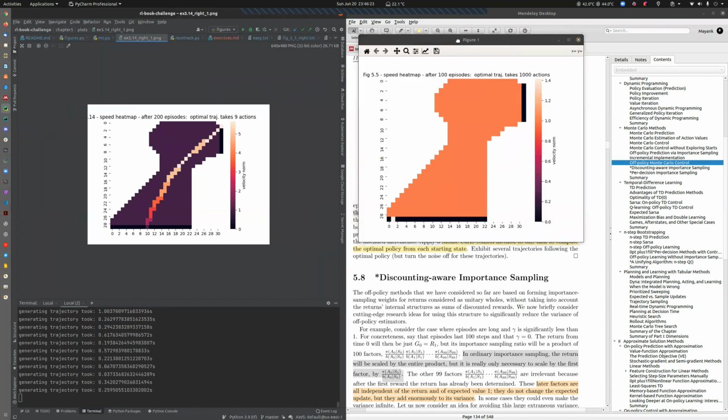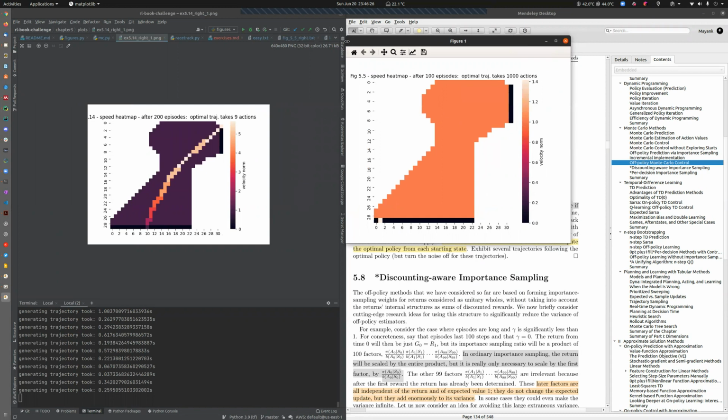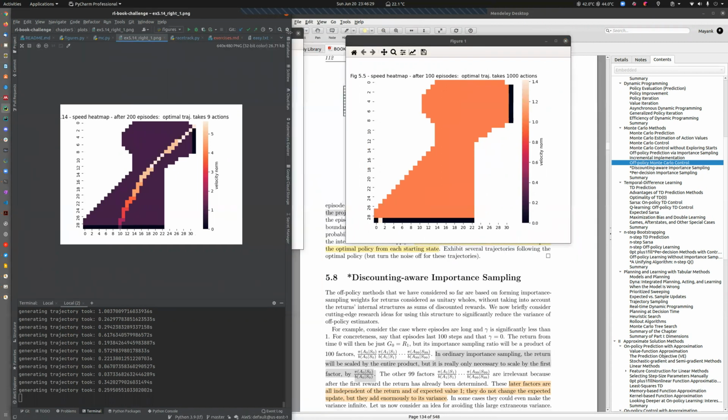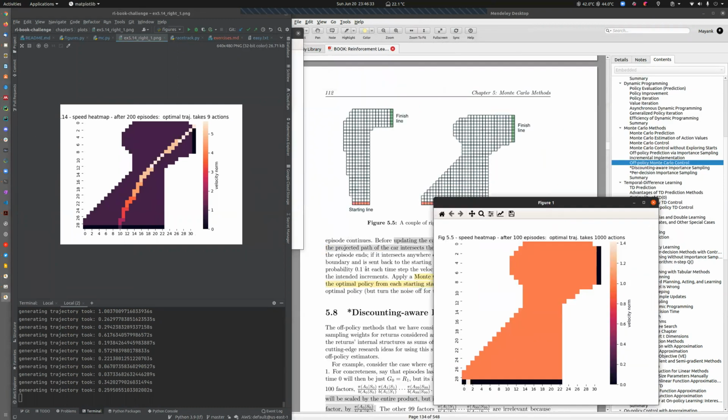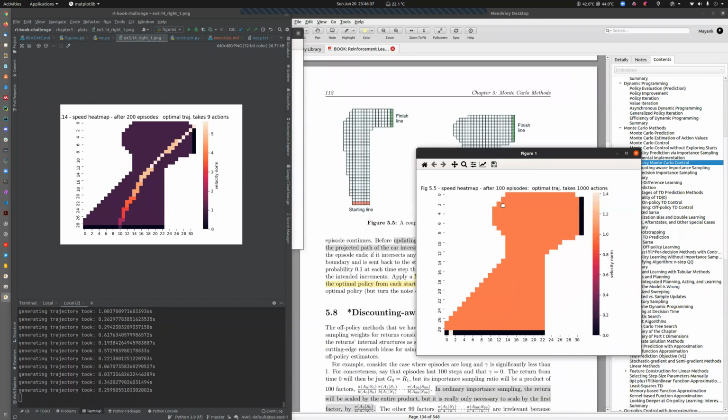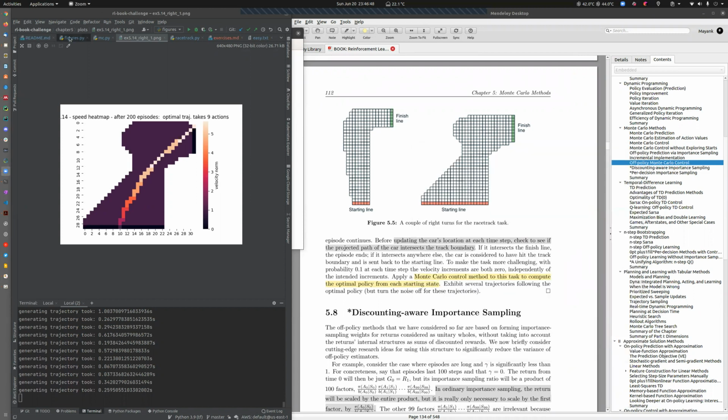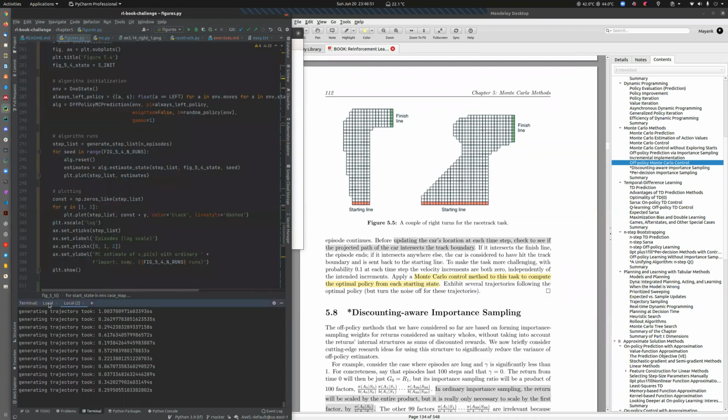So this is after it has taken one episode here. It's computing. You can see the trajectory that's being generated here.